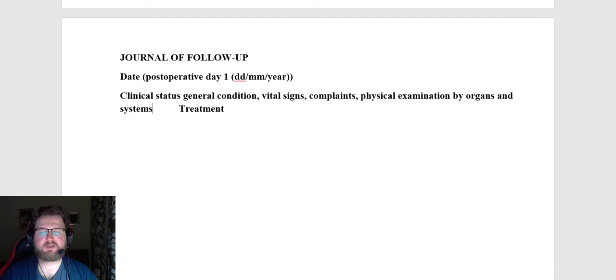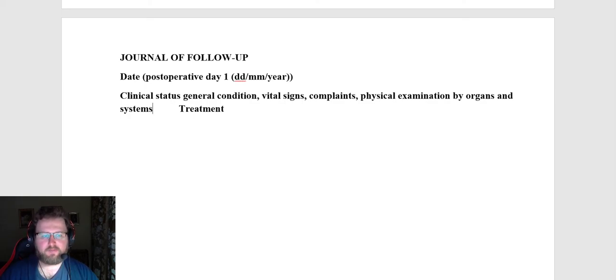Not in such an extended way as you've done in the previous part of a case history, but very briefly, very exact stuff which is related now to his postoperative period.